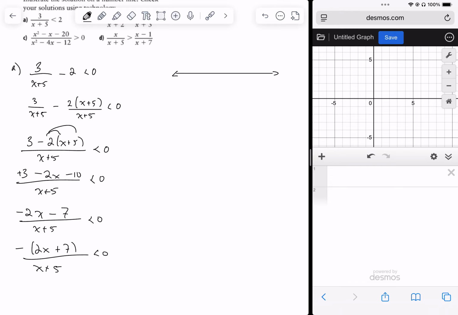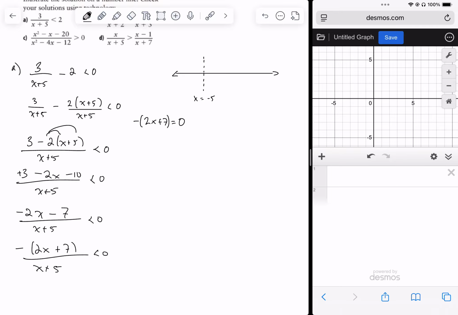We would have a vertical asymptote, as you guys would know, at x equals negative 5. Additionally, there's an x-intercept that comes from the numerator, and we would say 2x plus 7 would equal 0, or you could even put the negative out front of it.